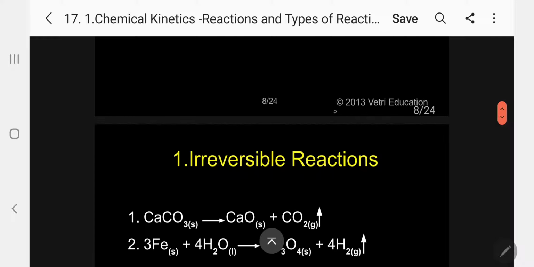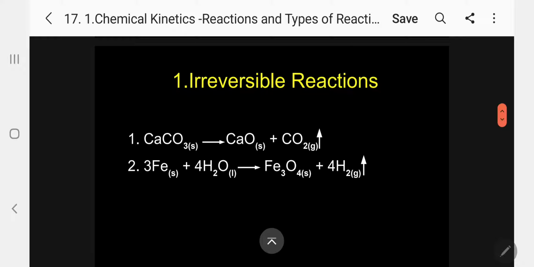Next one, irreversible reactions. What are irreversible reactions? Kindly see here, 2 examples I have given. One is decomposition of calcium carbonate solid.